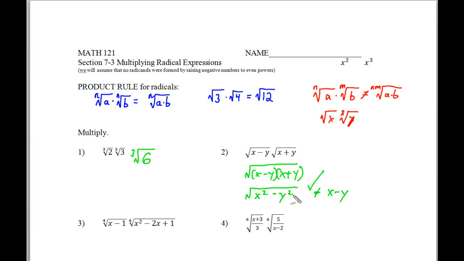That is an illegal step. It is not part of the problem. You would have to have this whole thing in parentheses with a 2 around it for us to take it out. So legally speaking, if we had x minus y squared under the square root, then we could have x minus y. But this is completely, totally not legal here.